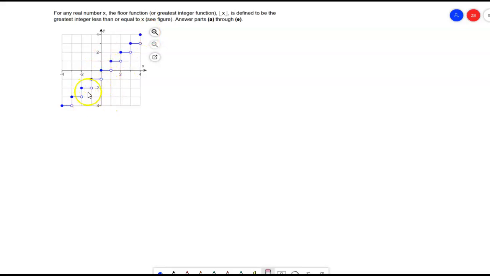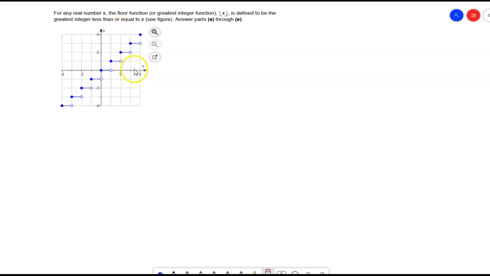Notice it kind of looks like steps here. And then they give us a bunch of questions A through E to fill out. Now, let's first of all understand what this floor function is. So let's say x is 3.2. It's defined as the greatest integer less than or equal to x, so the greatest integer that's less than or equal to 3.2 would be 3, right?